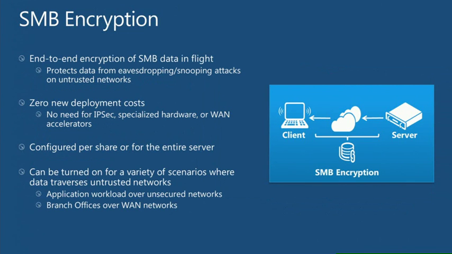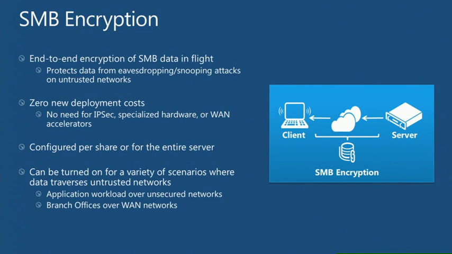SMB encryption. SMB encryption is something we've been hearing about from folks. You know that we now can do BitLocker on servers, right? So you can have a BitLocker volume even in a cluster. But that's encryption at rest. There's another concern about data flowing over the wire and your need to encrypt that as well. So we can provide you with encryption on the wire through SMB.